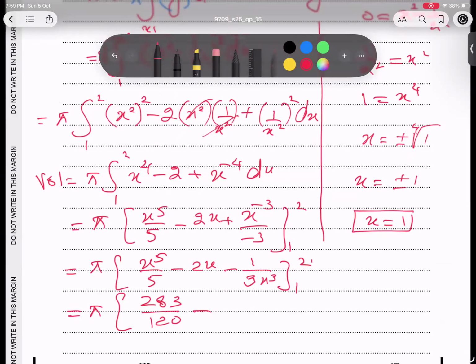I repeat my words: when I place 2 everywhere, I get this value. Onwards, when I plug in 1 in every place, 1 over 5, minus 2, and minus 1 over 3. And I get a negative 32 over 15. So when I solve it, 283 by 120 and positive 32 over 15, I get it simple and clear, 539 over 120 pi.